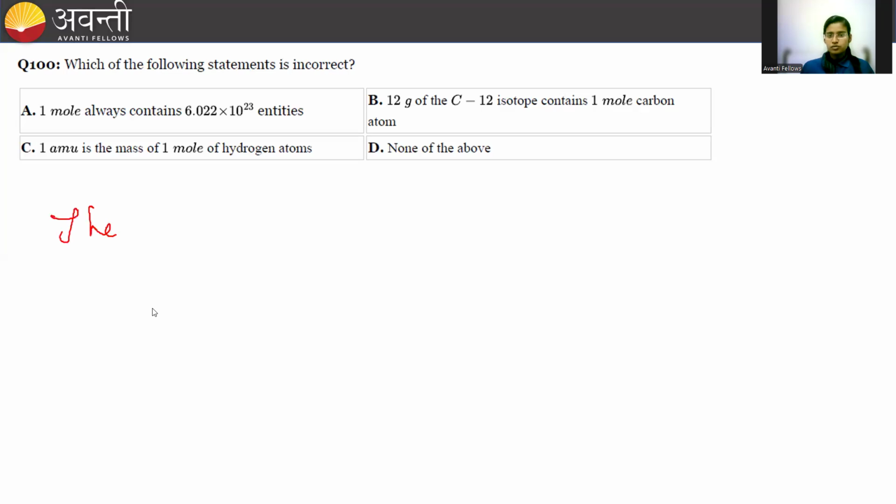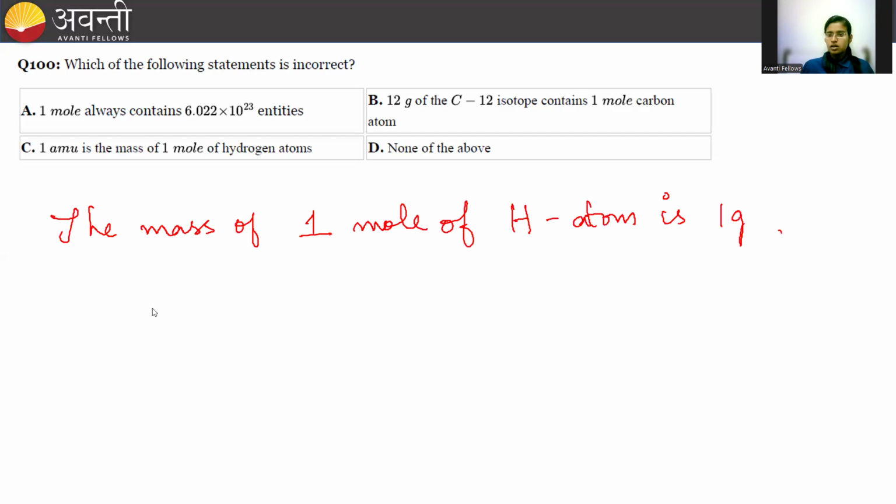The mass of 1 mole of hydrogen atoms is 1 gram and not 1 AMU. So option C is the incorrect statement, which is the correct answer for this question. None of the above is not the answer. Okay, so this is how we have to find out the incorrect statement from this question.